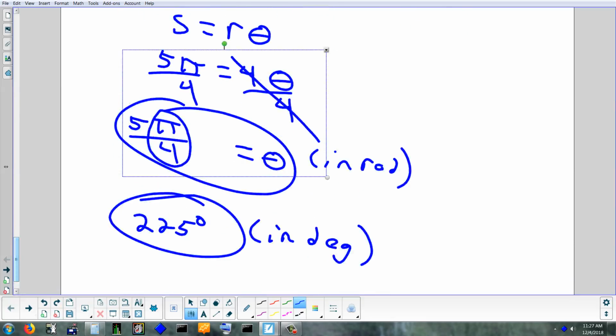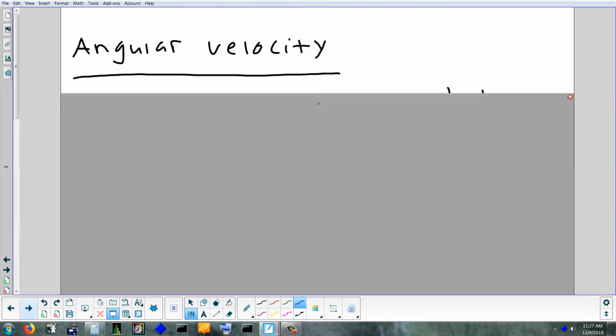Okay, so the last thing in this part is angular velocity. I'm going to explain a little bit about what that is, and then we're going to be doing some conversions.